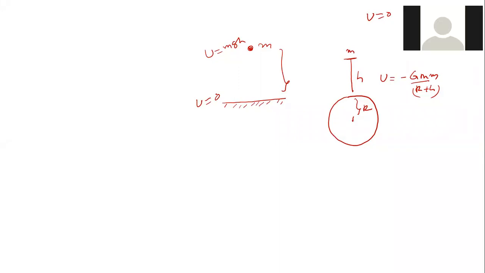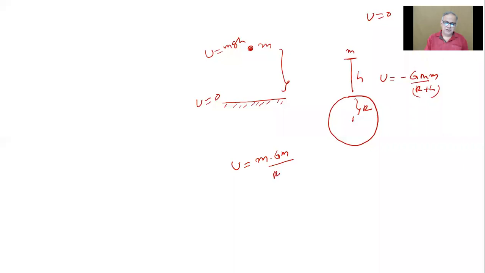So small g we can write as capital G M by R plus h whole square. I'll write m into g as GMm by R plus h whole square into h. So we compare it to a negative sign. Are they looking the same?